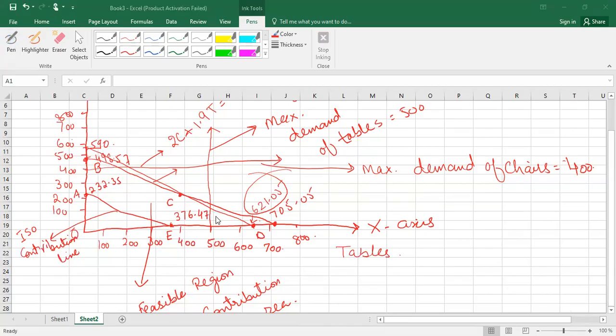And one thing we discussed over here is when demand is restricted up to a certain level.